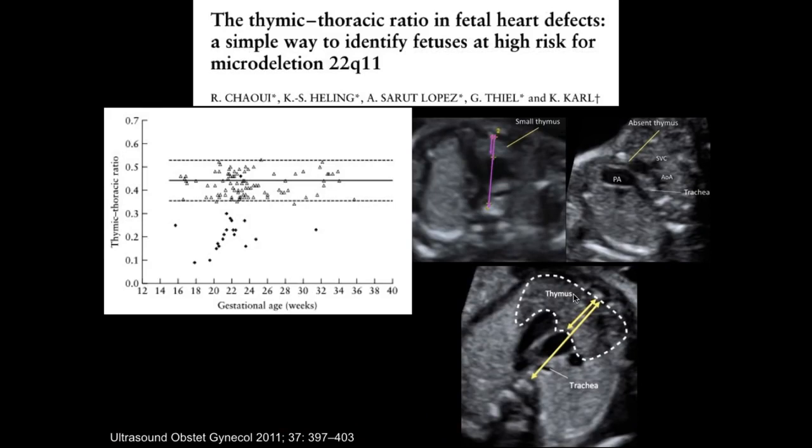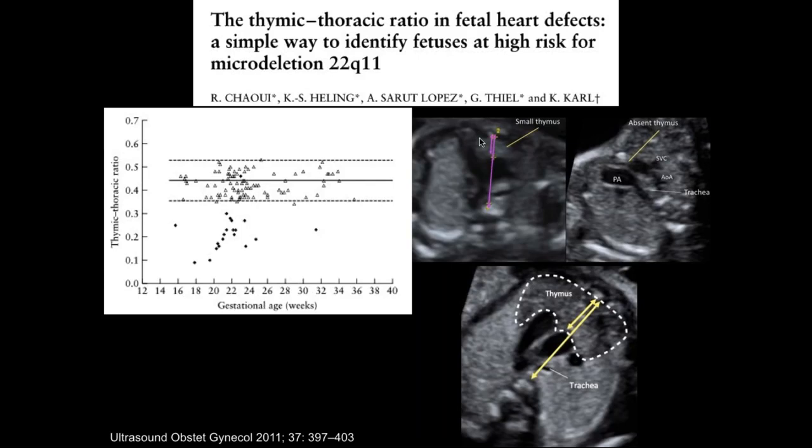Briefly also, I want to mention the study that Dr. Chaoui had done, looking at the size of the thymus at the three-vessel trachea view by measuring the thymic-thoracic ratio, defined from the dome of the ascending aorta or the aortic isthmus to the sternum, and then the chest from the spine to the sternum.